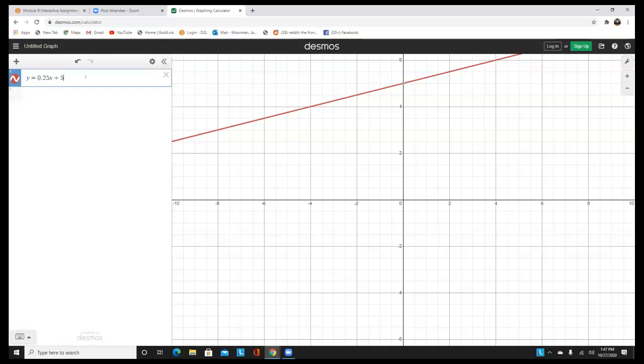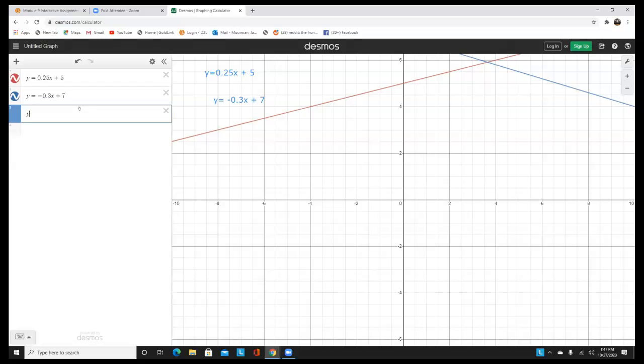The other one, minus 0.3x plus 7. Okay, and the next one, 0.05x plus 1.